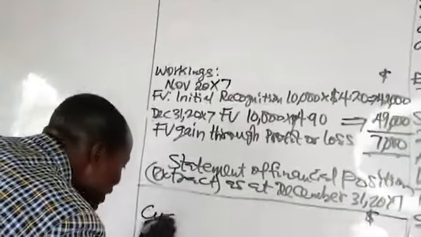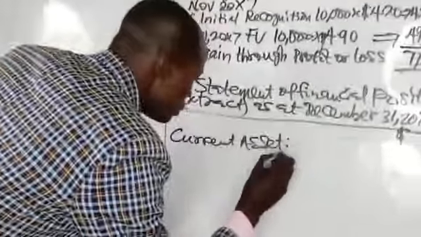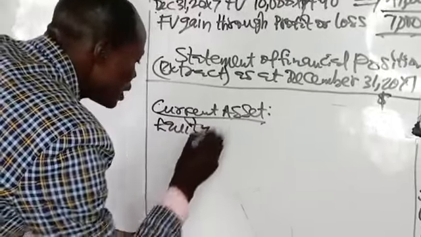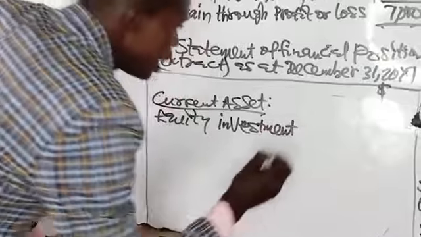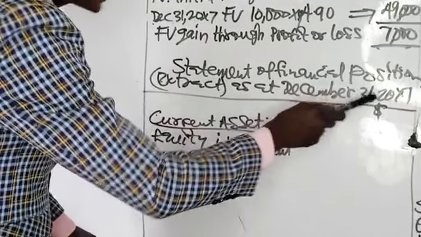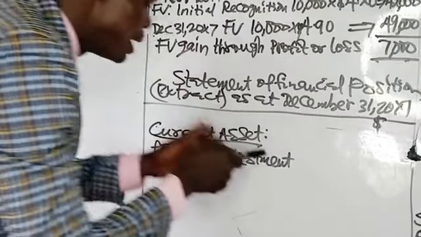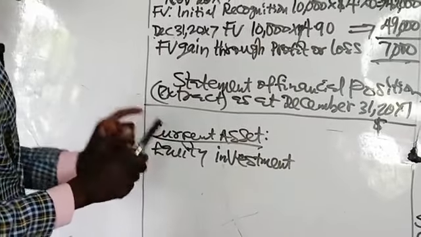So when you get to the statement of financial position under current assets, then you will have equity investment. The fair value at the reporting date, which is December 31st, is the amount that should be recognized in the statement of financial position.